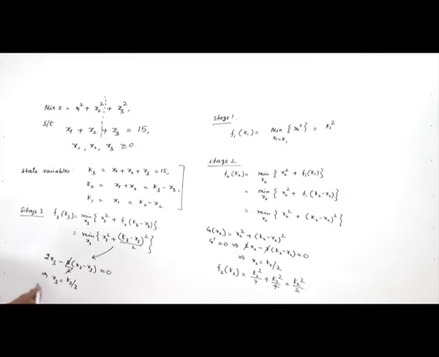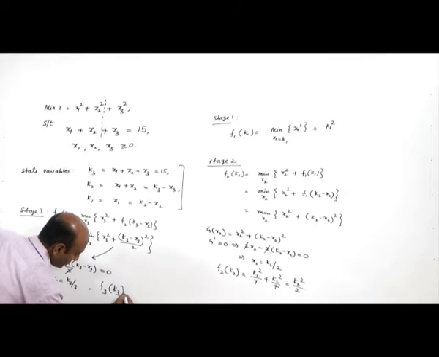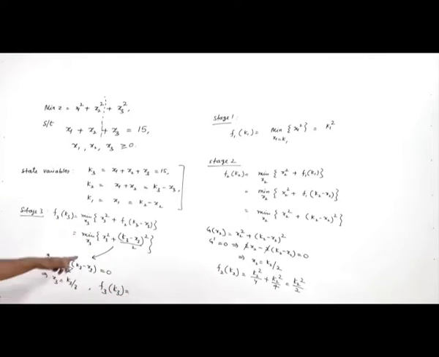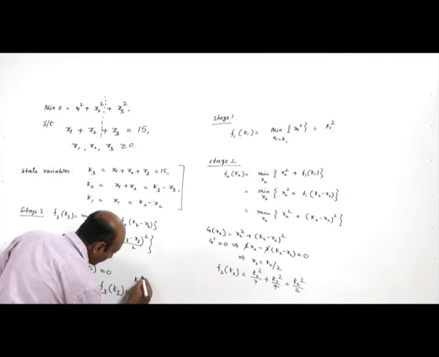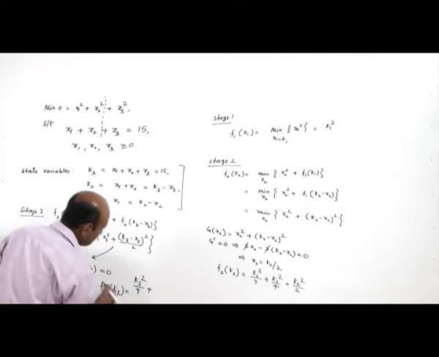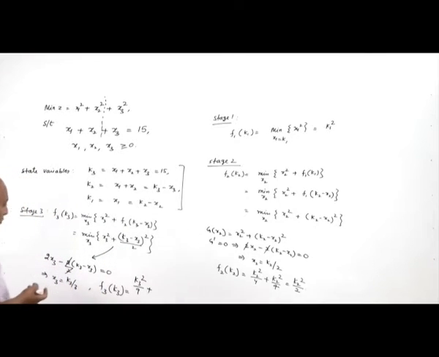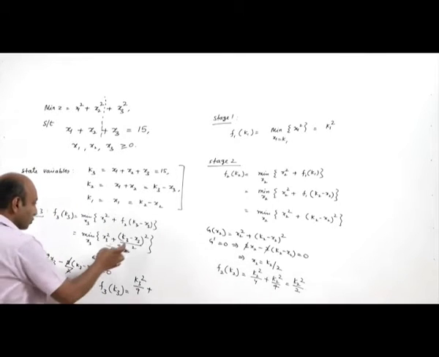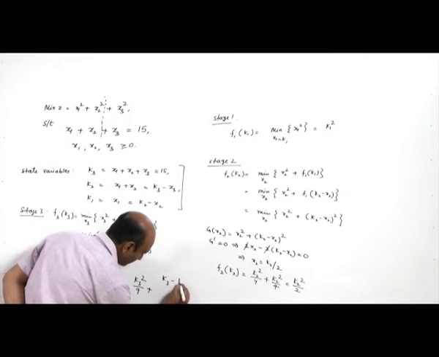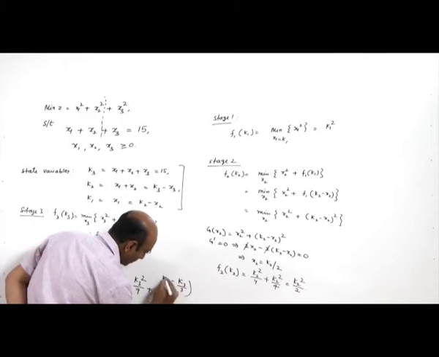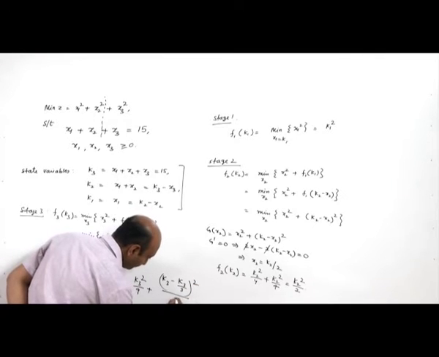And what will be f3(k3)? For f3(k3), you simply substitute x3 equals k3 by 3 over here. So, what we obtain? We obtain k3 square by 9 plus, when you substitute x3 equals k3 by 3, it is (k3 minus k3 by 3) whole square upon 2.